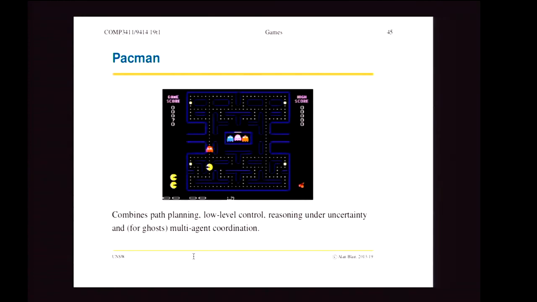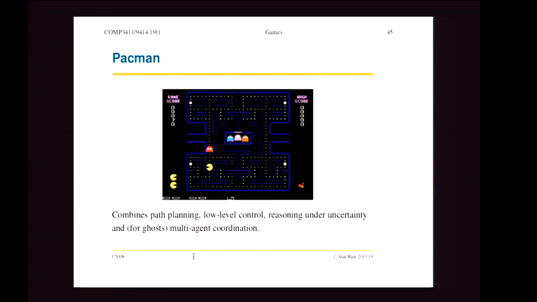Then you get games like Pac-Man, which combine planning ahead, path planning, low-level control, and reasoning under uncertainty. So the strategy of the ghosts: there are 4 different ghosts and they each have a slightly different strategy, but it includes randomness.